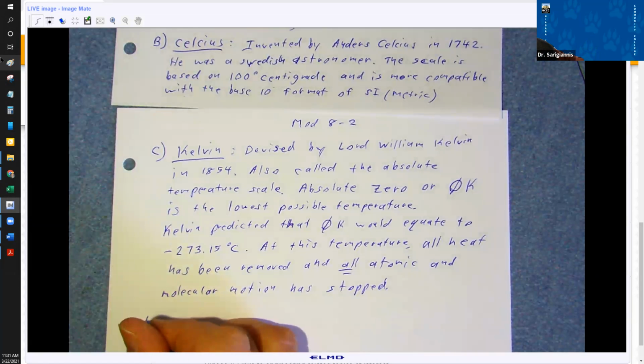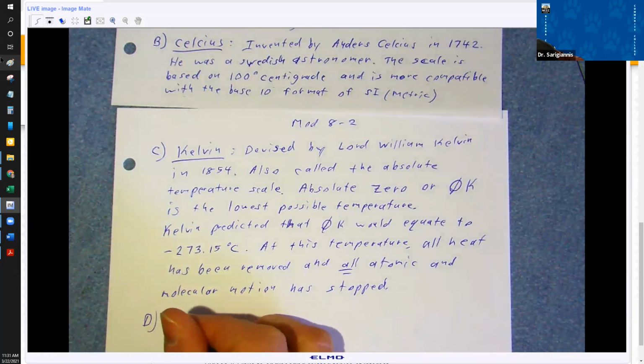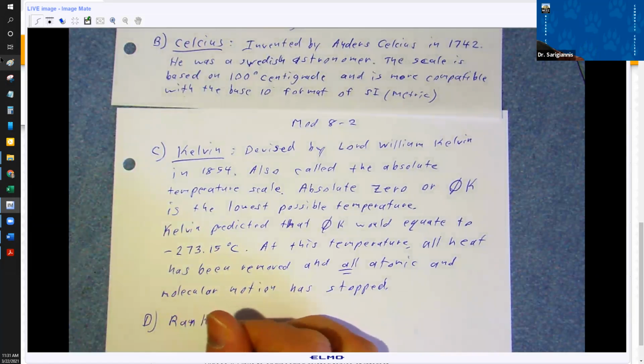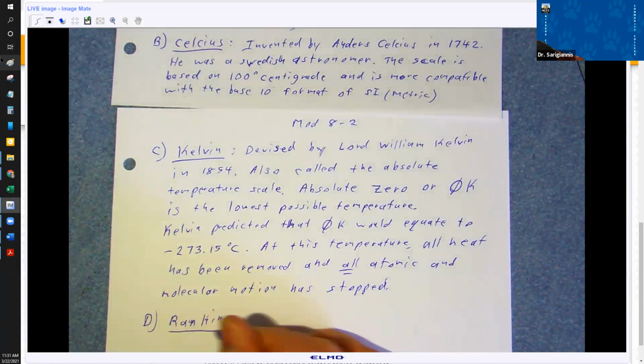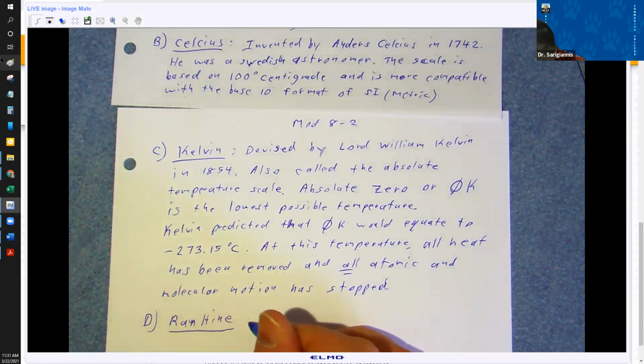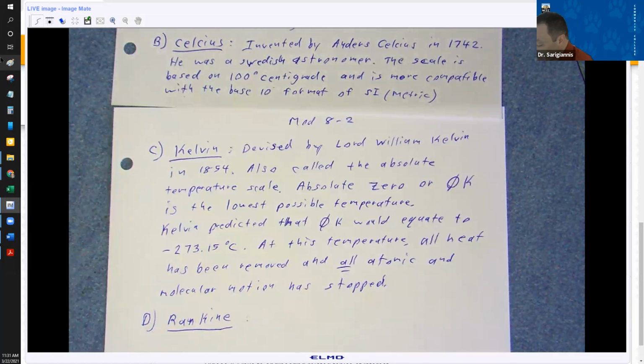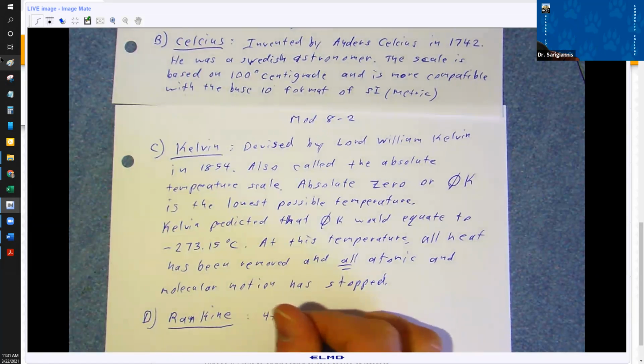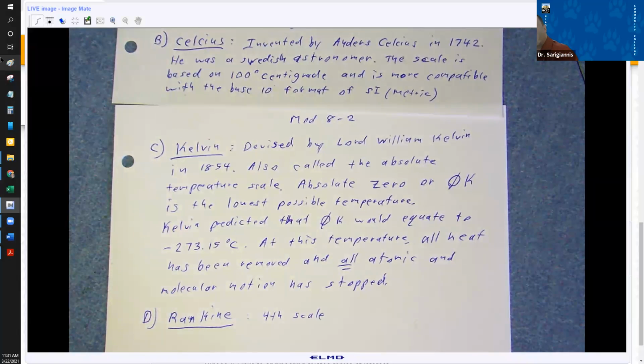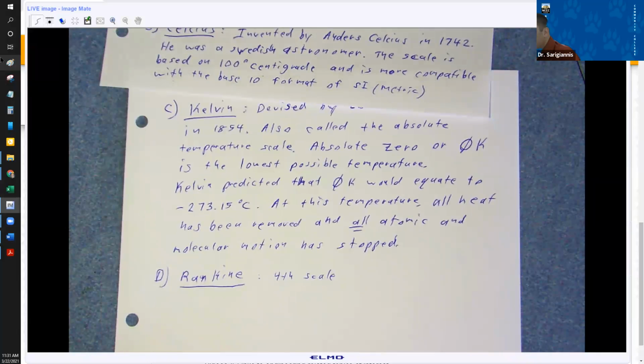And then D is the Rankine scale. This is the fourth scale. I wish I could have invented something this easily.